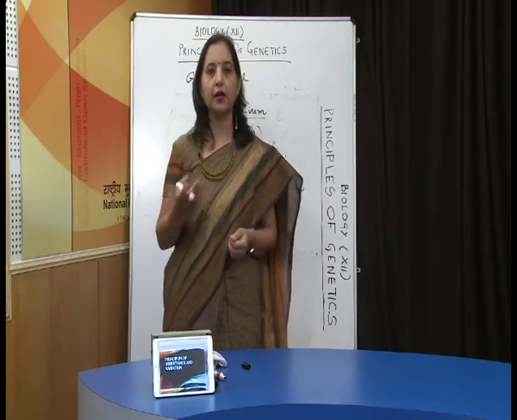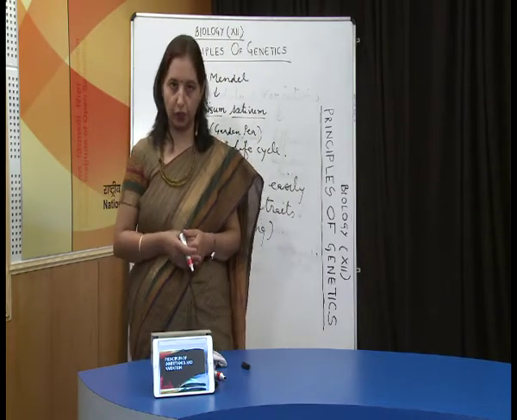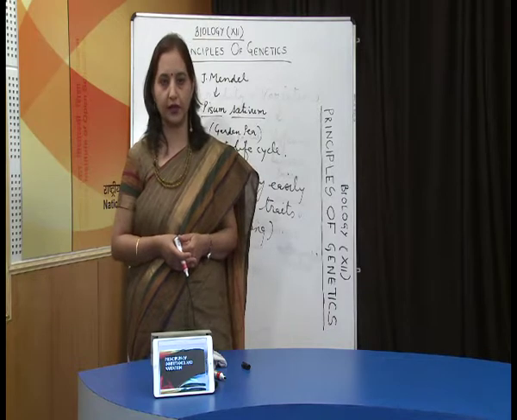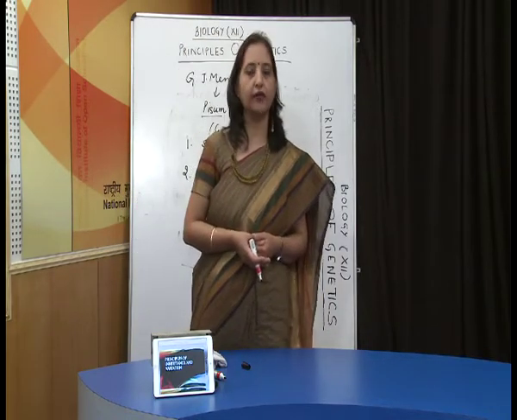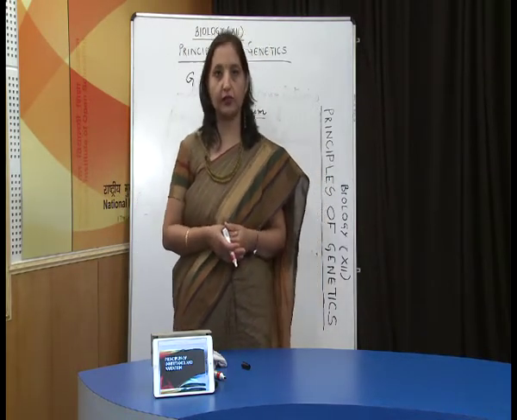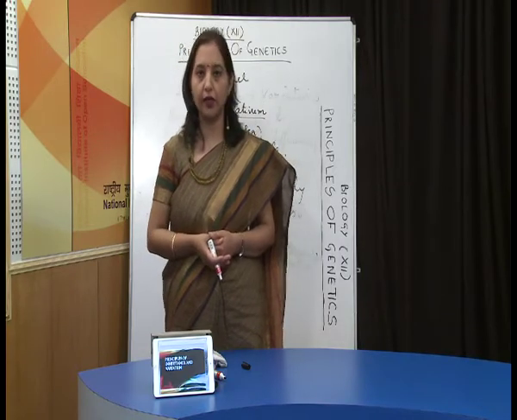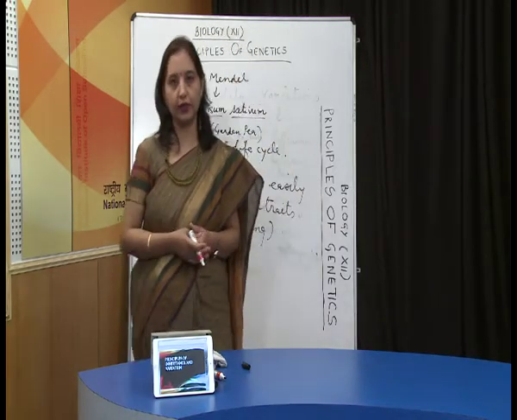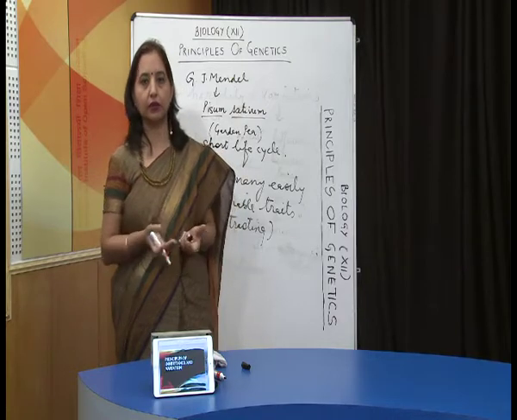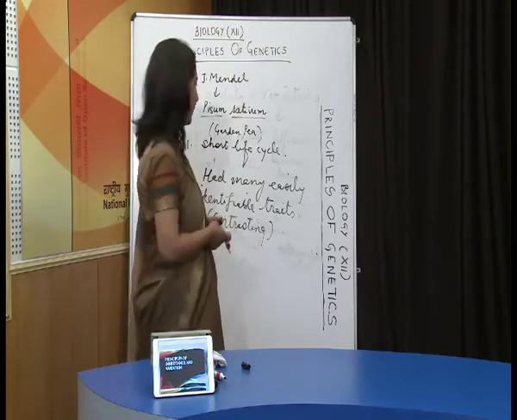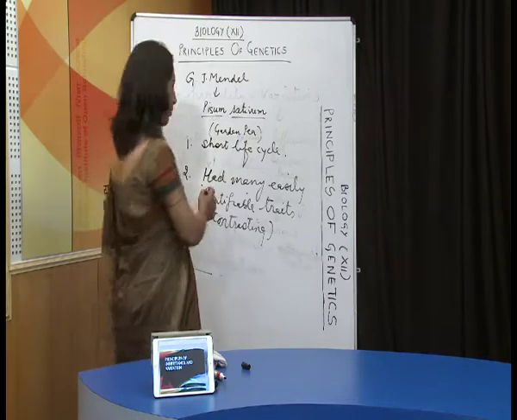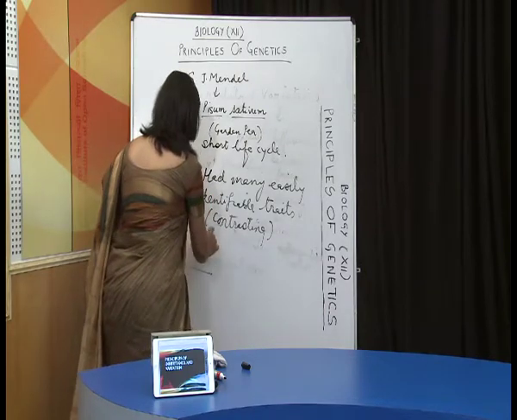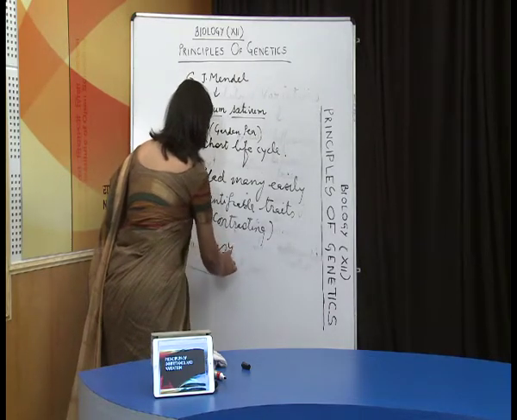For example, this garden pea consists of some tall plants as well as some short plants. The flowers may be red, the flowers may be white, the color of the seed may be yellow or green. So there were easily identifiable phenotypic traits. The traits were very clear and very easy to study. And the third reason was that it was easy to cross-pollinate.